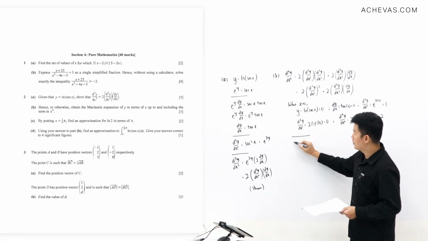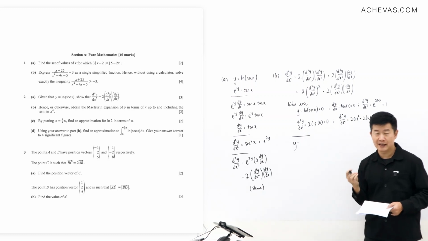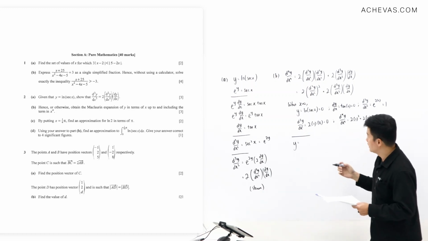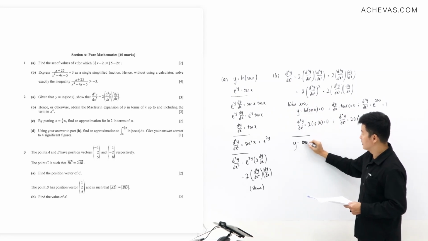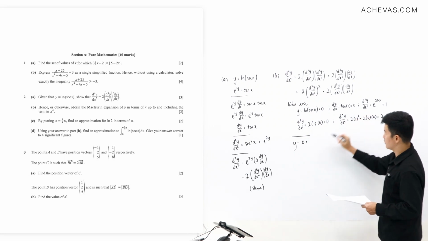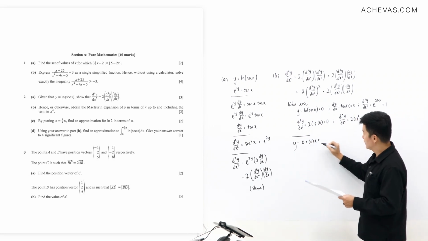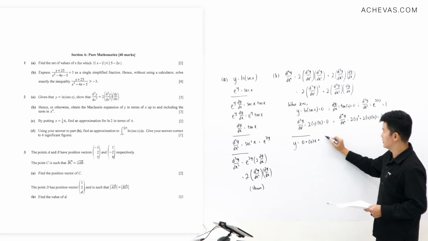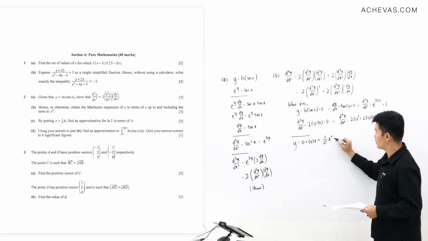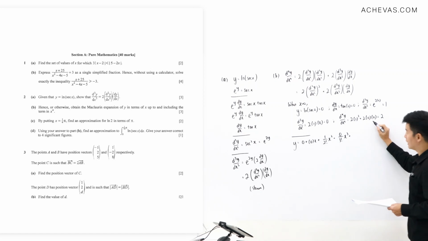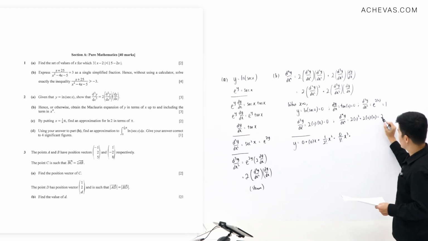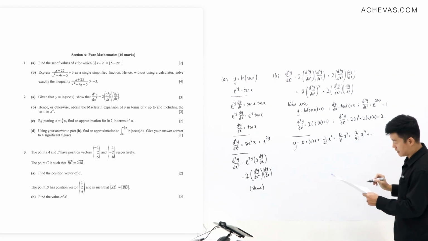So now, by making use of the Maclaurin's expansion formula that is in our formula sheet, it is going to be f(0), which is this, plus f'(0), which is this, x, plus f''(0), which is this, over 2 factorial x², f'''(0), which is 0, over 3 factorial x to the power of 3, and f⁽⁴⁾(0), which is 2, over 4 factorial x to the power of 4, and so on.